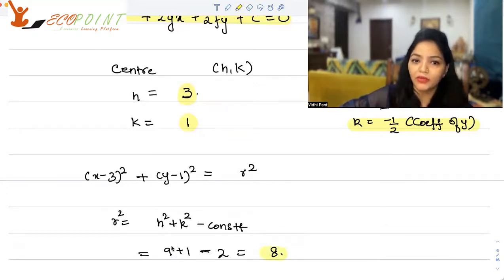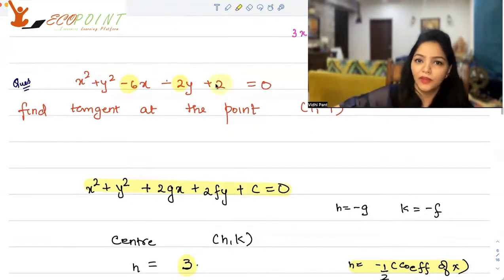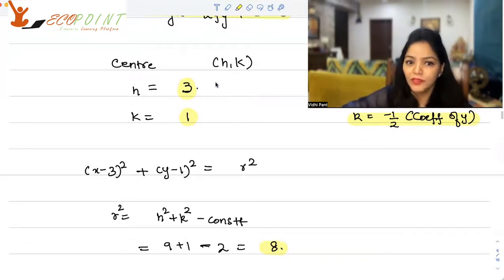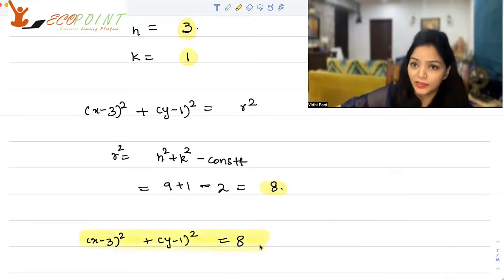How? Because 3 squared gives you 9, 1 squared gives you 1, minus 2. The constant is 2, as you can see here. So minus 2 will give you 8. So r squared is 8, mind you. This is the equation of the circle that we have into consideration.